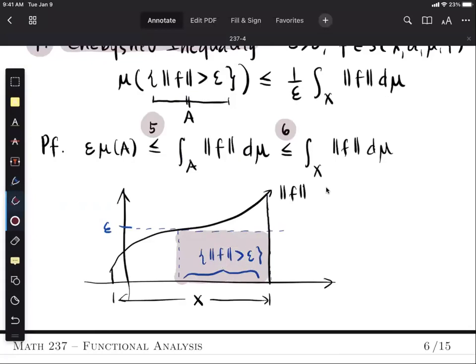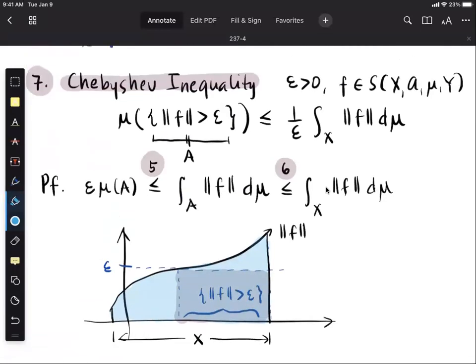And take note that this is contained in the area under the curve over the set X. So indeed, the rectangular region is smaller than the blue region. Okay, so this is, as I said, not precise because here the norm of f is not a simple function, but later we will prove that the Chebyshev inequality is also valid for integrable functions that are not necessarily simple.